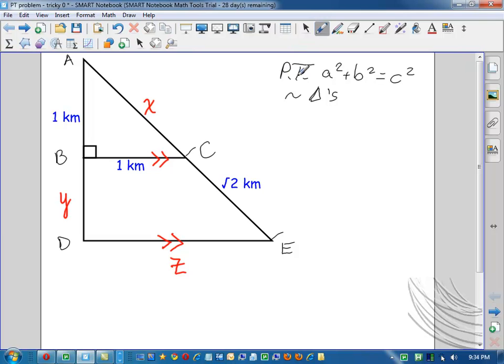So let's get my black back here. First thing we can do is find out if there's any similar triangles. Now we see these marks right here. This tells us that these two lines are parallel.